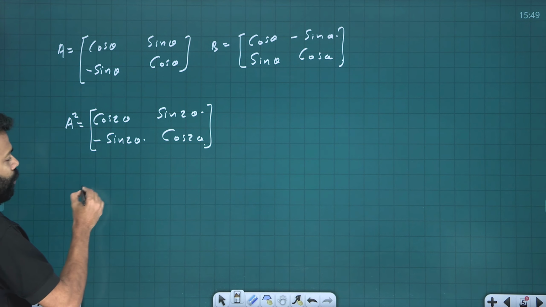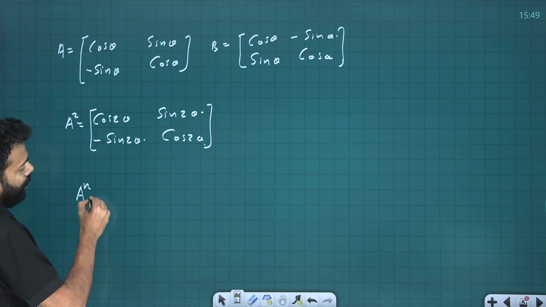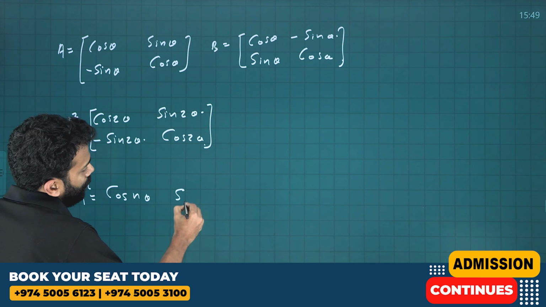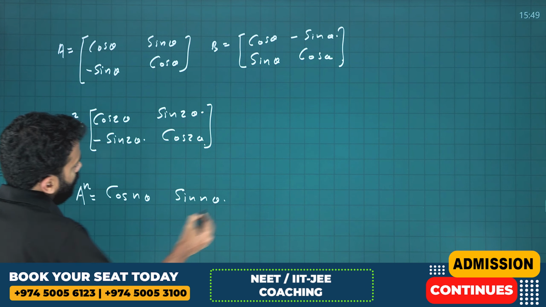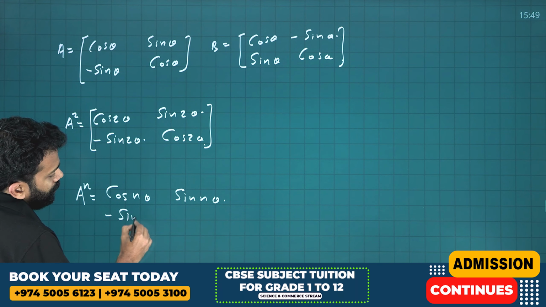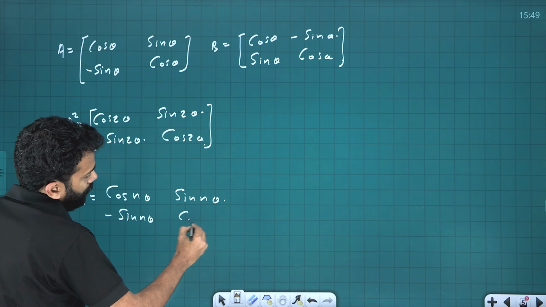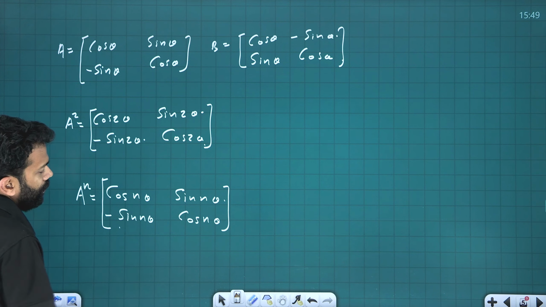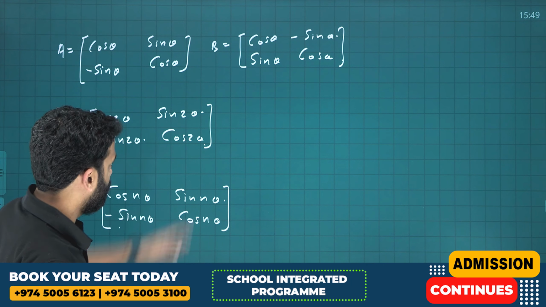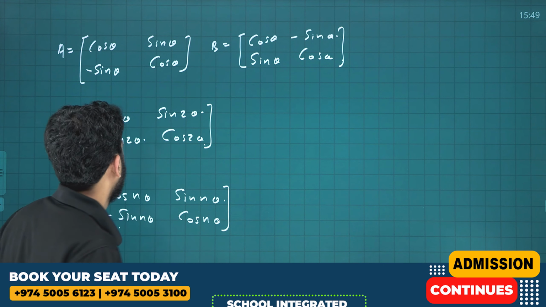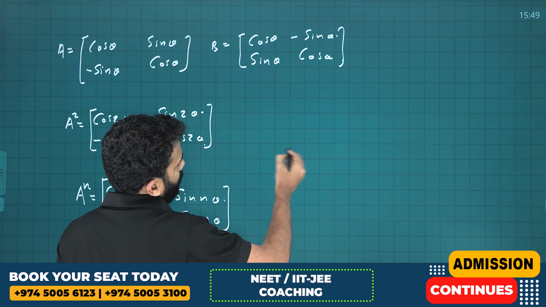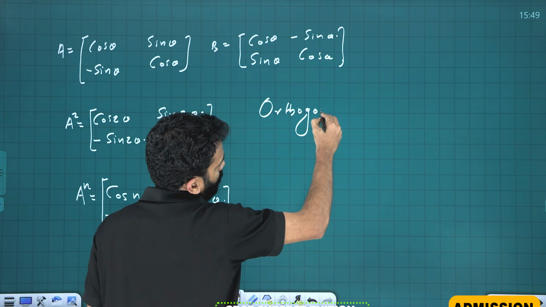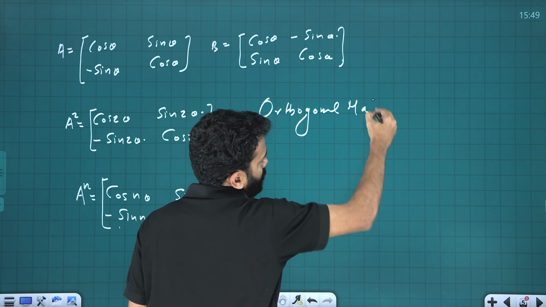So A raised to n is equal to [cos n theta, sin n theta; minus sin n theta, cos n theta], and B raised to n will be like this. There is another property. Hope you know what an orthogonal matrix is, right? What is an orthogonal matrix?